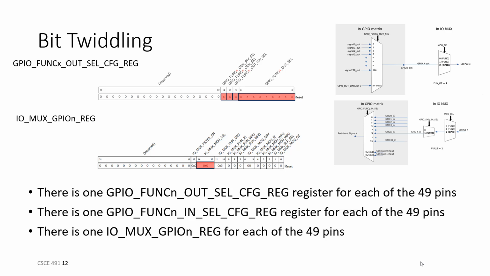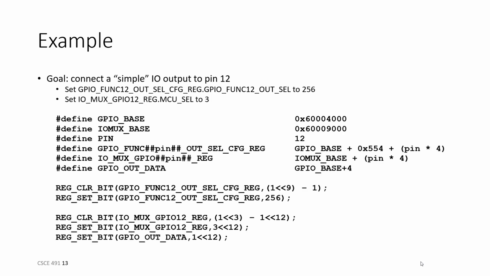One of the things they often do here is the name of that register is GPIO func pin number out select config reg, right? So you can actually define a pin and then have another define that includes that pin number in the name. It's kind of neat. You just use this double pound sign thing.